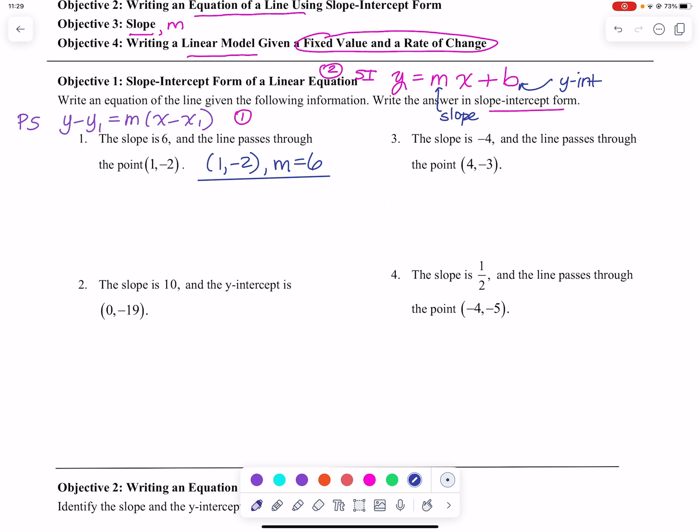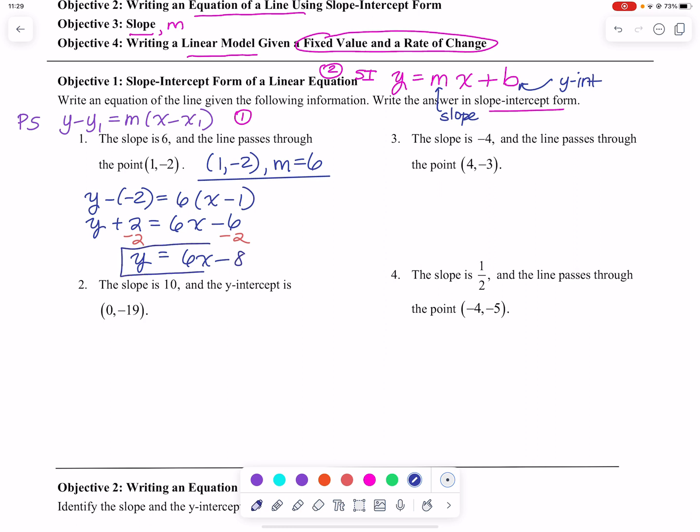So this is y minus the y value equals the slope times x minus the x value. And here we have y plus 2 equals 6x minus 6. We will subtract 2, and we have y equals 6x minus 8.